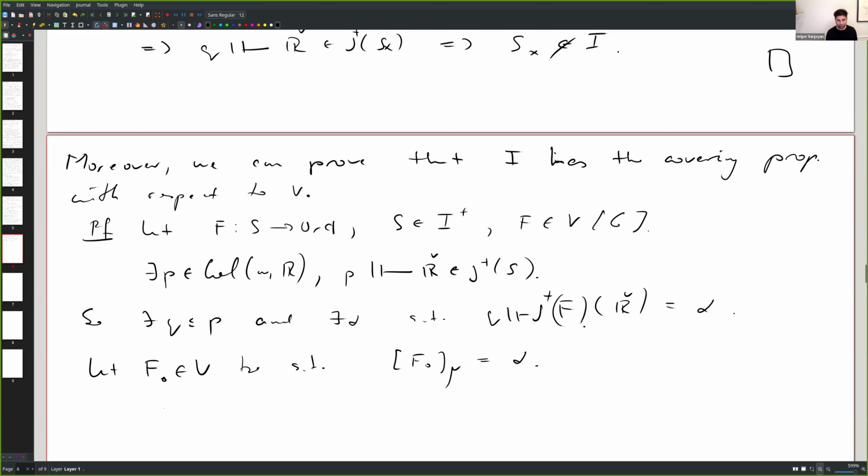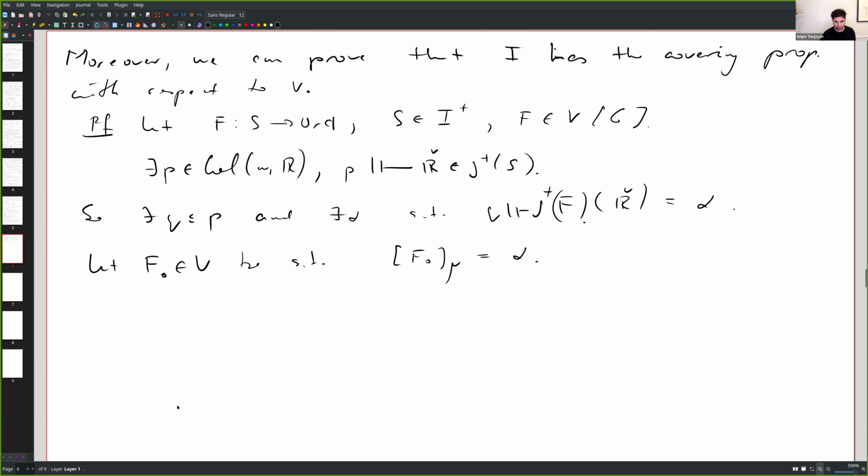Okay. Now we have what? But F0 is the function from P omega 1 of R into ordinals.